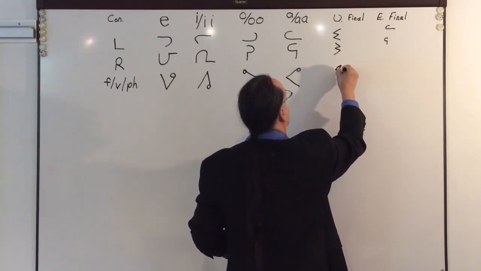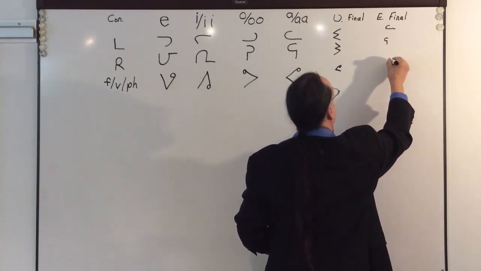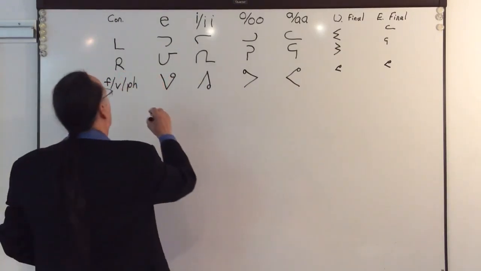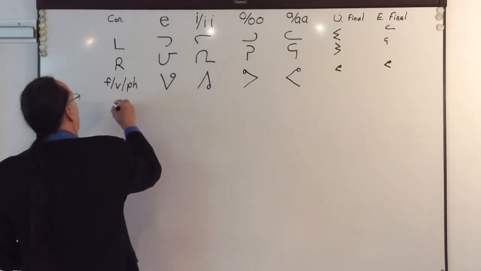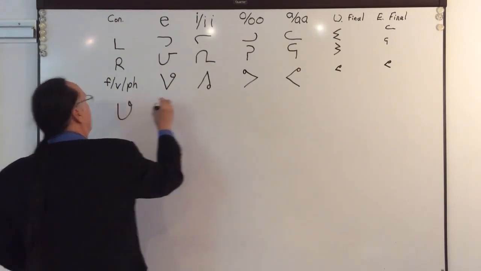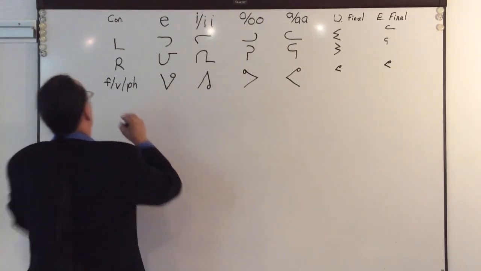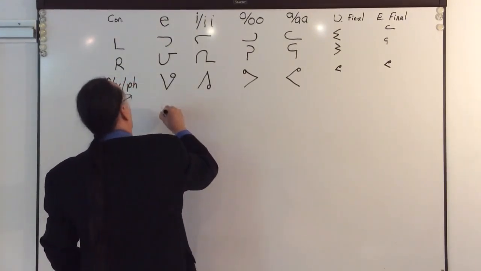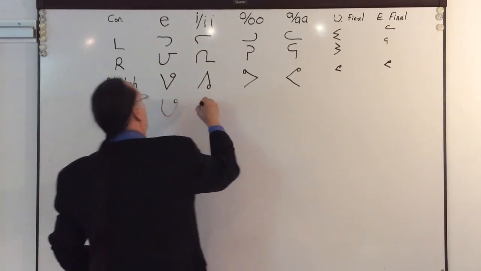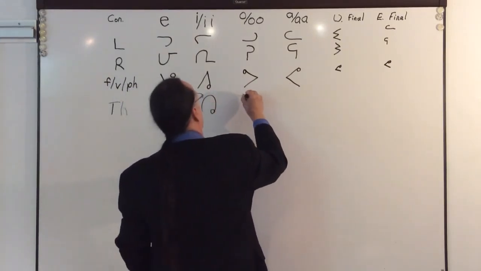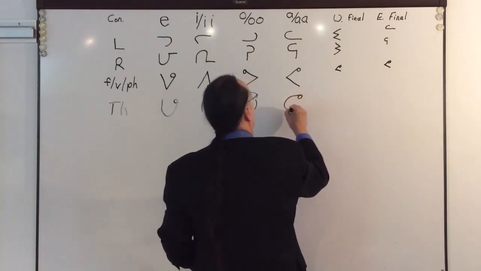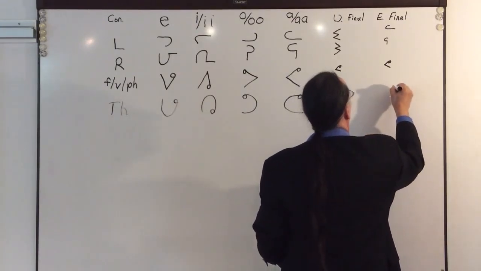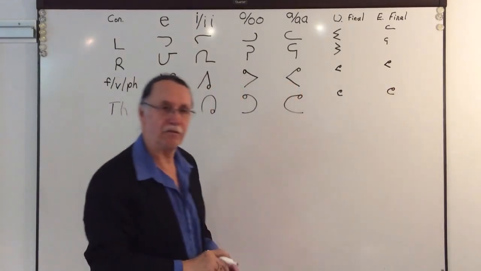I just use a small Eastern final for those. I don't know if there are any others being used right now. And finally, TH: the, thi, tho, tha, and likewise they use the same finals. That's just as far as my knowledge goes. There might be other symbols that I'm just not aware of.